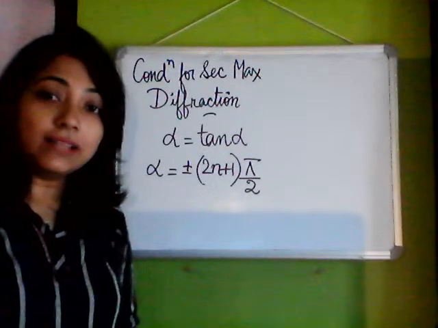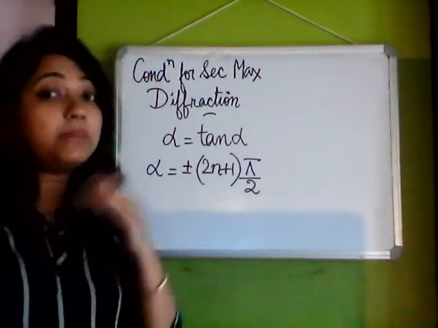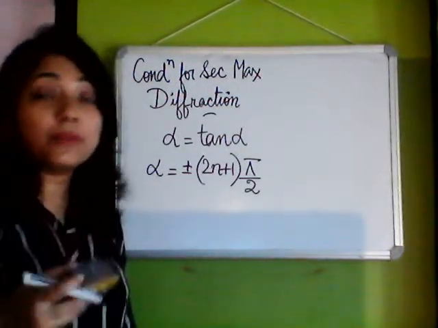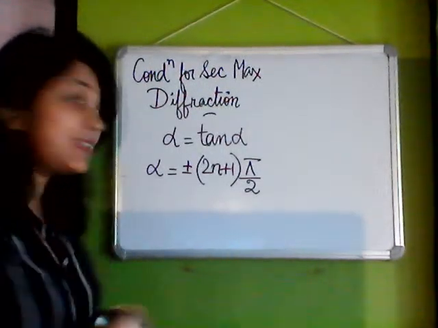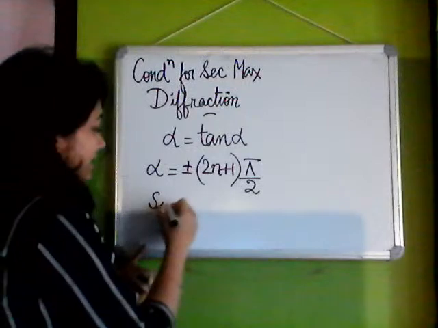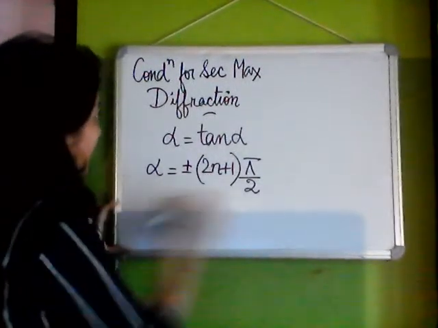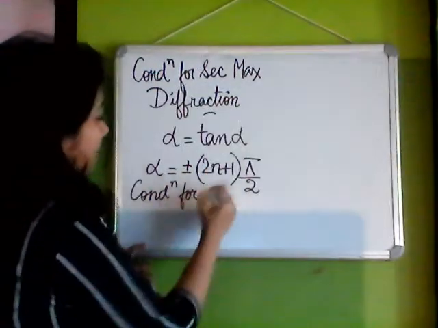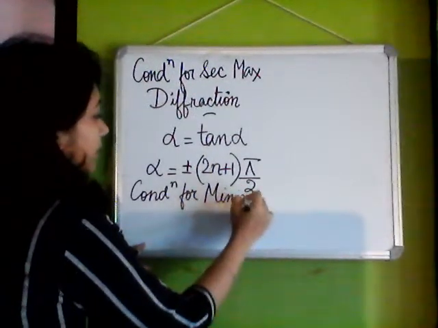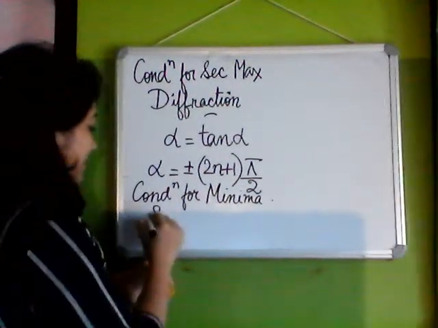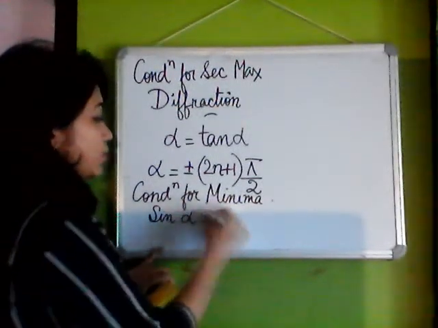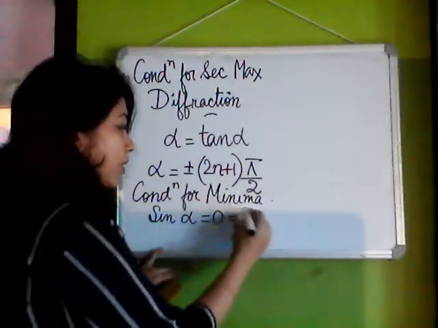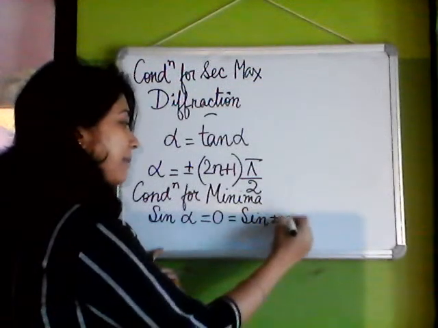And remember over here, what was the condition for the minima that we had received? For the minima condition in case of diffraction, we had considered sine alpha equal to 0, and we had considered for what values of alpha I will be getting this 0: for some value of plus minus n pi.